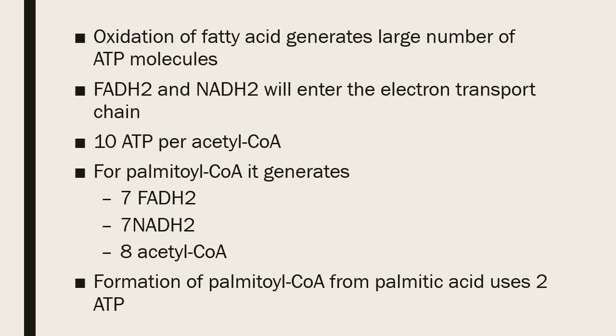Okay, let's take a look at the yield of the oxidation of your palmitic acid, or your palmitoyl CoA. Note that palmitic acid is the most common saturated fatty acid in humans.